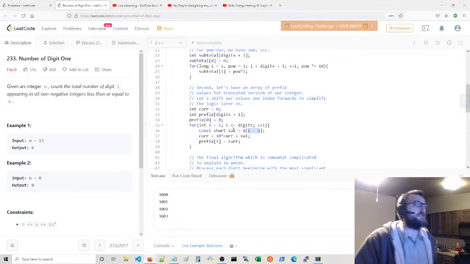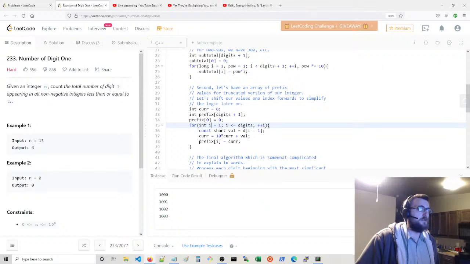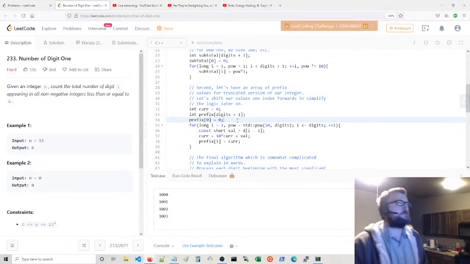I think I did this wrong. Okay, this prefix is wrong. So, you could say this. You could say long power could start off at 10 raised to the number of digits.